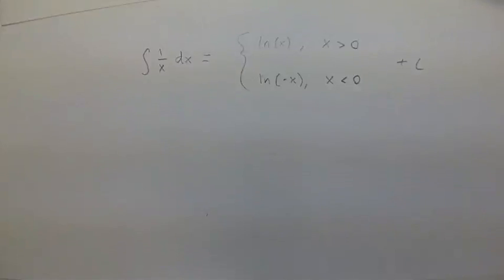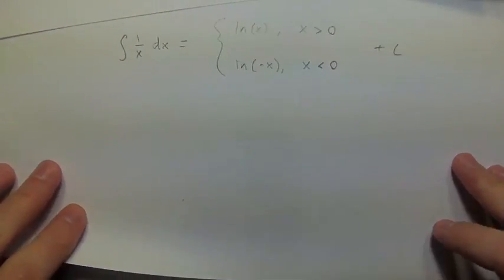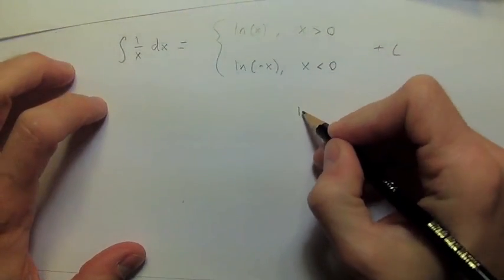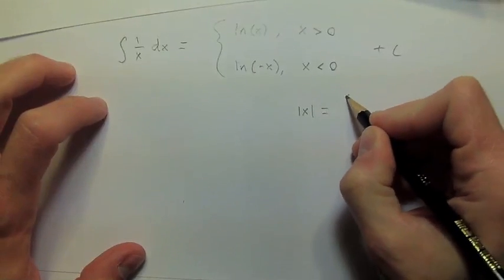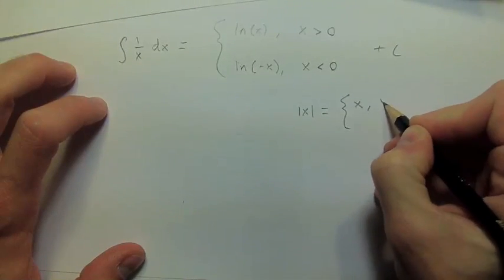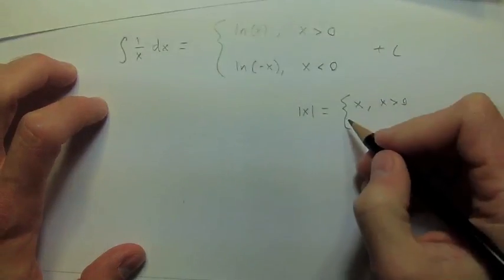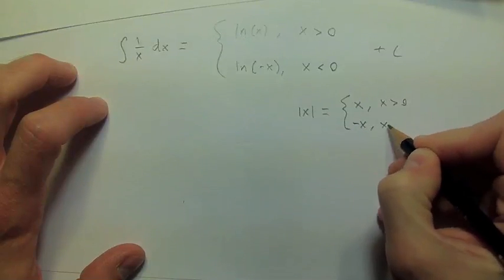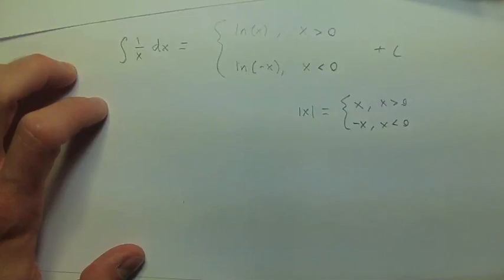When the value is positive, I don't do anything to it. When the value is negative, I make it positive. Well, it should remind you of the absolute value of x. The absolute value of x is basically x when x is positive and negative x when x is negative.